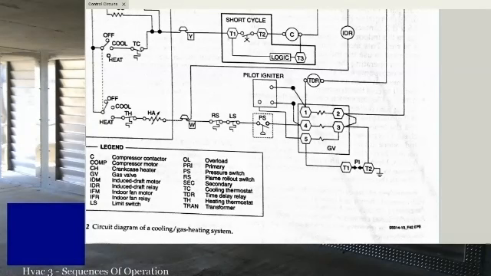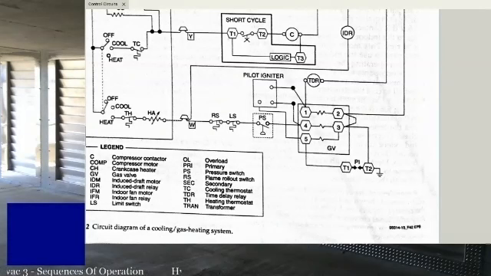Honestly, I think with that, what I want you to do for now is finish reading everything on sequences of operation, so everything else in that section of the module. Next it goes to pneumatic controls. Pneumatic controls are kind of old school.